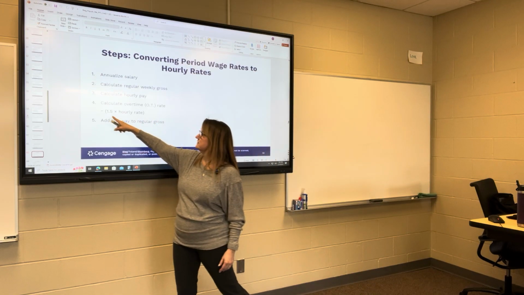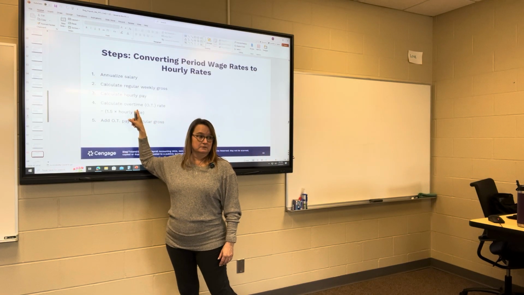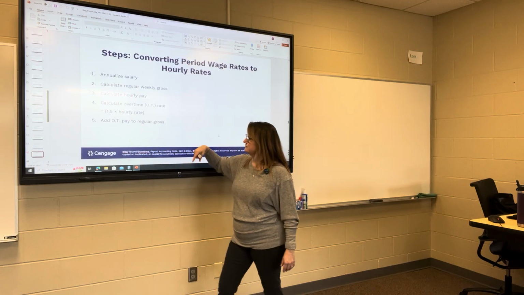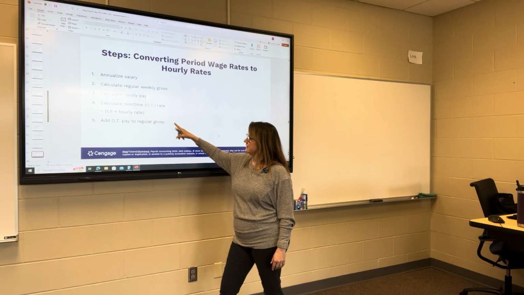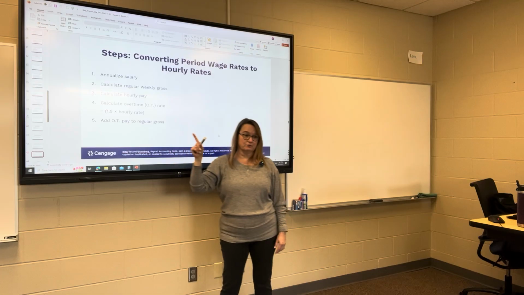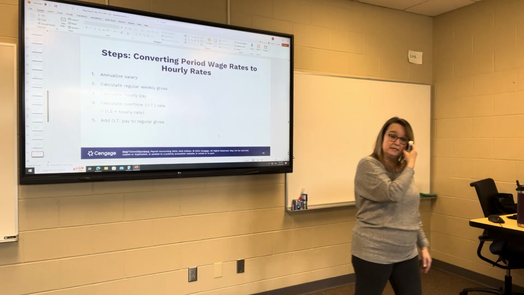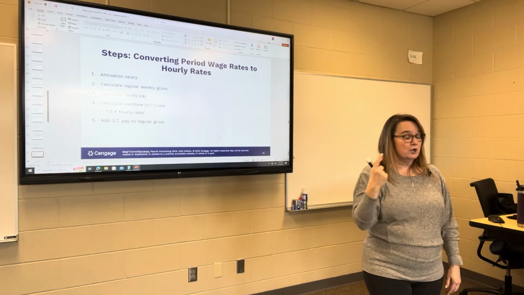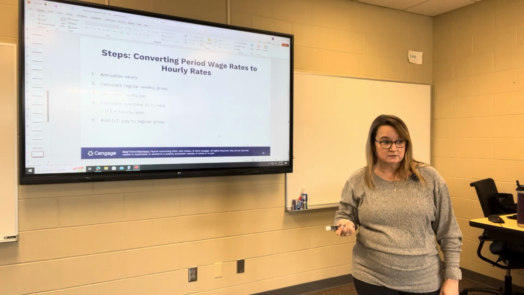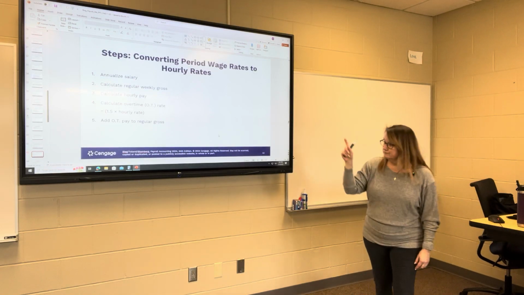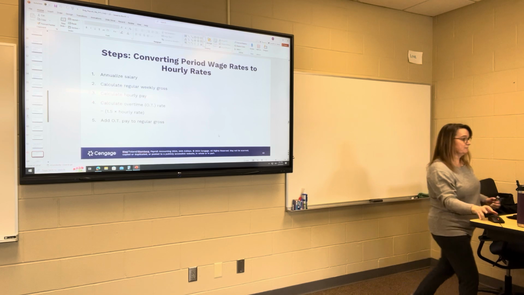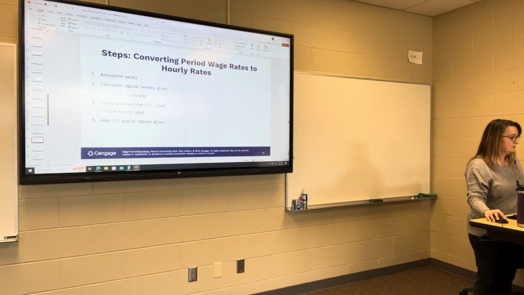Here they're using the common method times the 1.5. And then we're going to add the overtime pay to our regular gross. I'm going to show you a little shortcut. It works for individuals who work 40 hours a week. Let's go through this first example first before I share a shortcut with you.